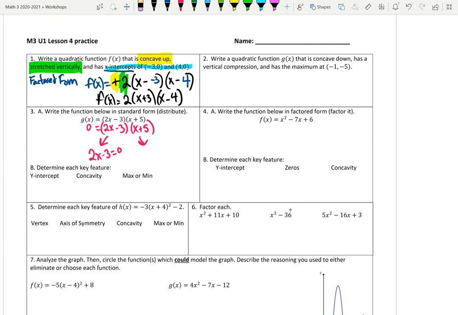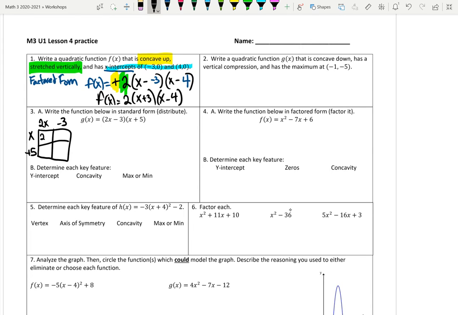That's not what we're doing here, though. We need to just simply transform it from factored form to standard form, which means we're going to have to multiply 2x minus 3 by x plus 5.